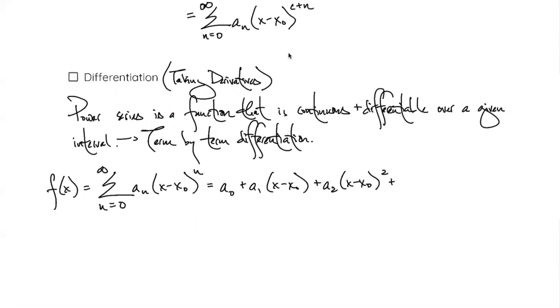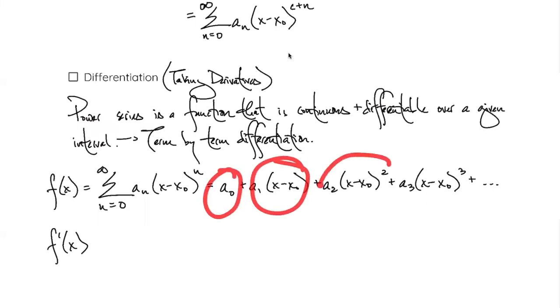Because we're looking for a pattern, I'm going to write one more, a sub 3 times x minus x naught cubed plus, and it's going to keep going, right? If I think about it in its expanded form, term by term differentiation means if I want to find f prime of x, I can literally take the derivative of each of the terms, and then I can go back and add them together.